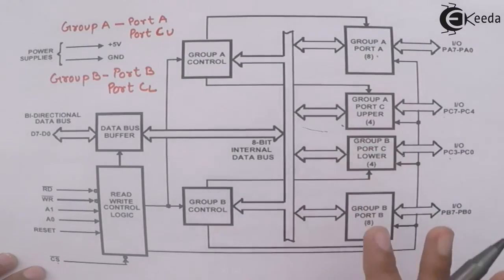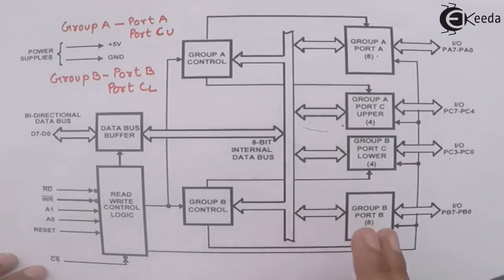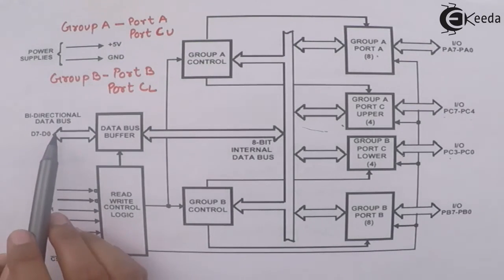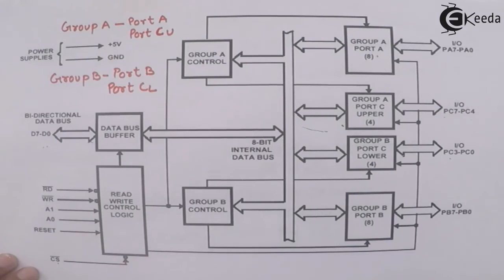All these four ports can act as input output ports. Then we have the data bus buffer, which is connected to the bidirectional data bus of the microprocessor, and the read and write control logic, which provides the control signals to group A control and group B control. So this is the block diagram of 8255.